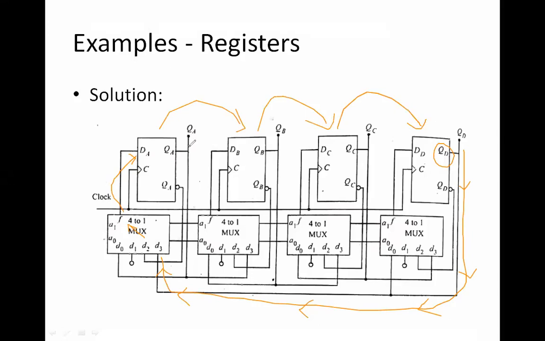So the value comes to QA, and then this value comes to D3, and from D3 it comes to QB. Then this QB is connected to D3.